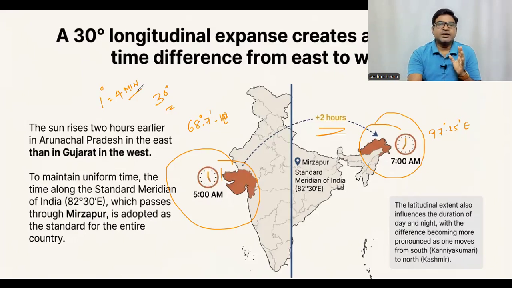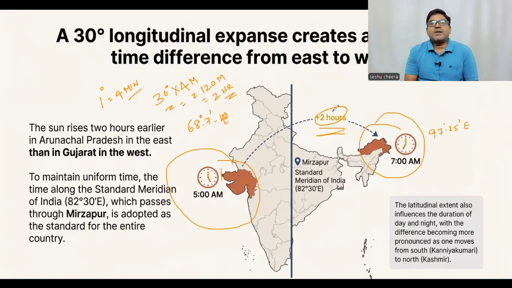So here, as you can see, it is 30 degrees. So 30 into 4 minutes is 120 minutes of time. Calculated in hours, it is 2 hours. So that is what we are talking about here, the 2 hours of difference.